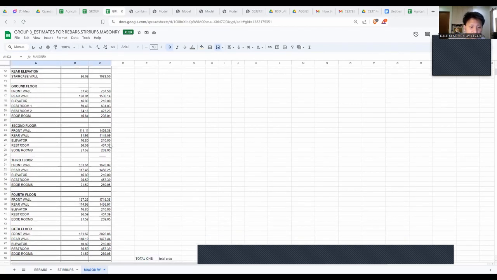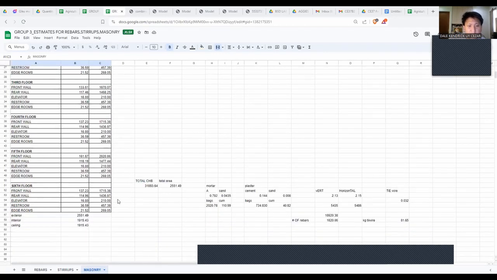So here we can see how many CHB pieces are needed. The total is 31,893.64 or 31,894 pieces.